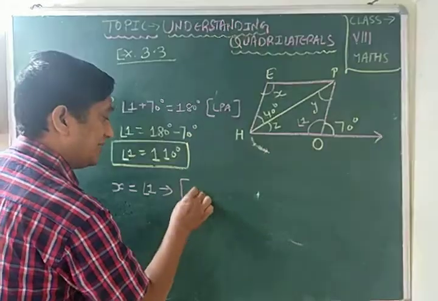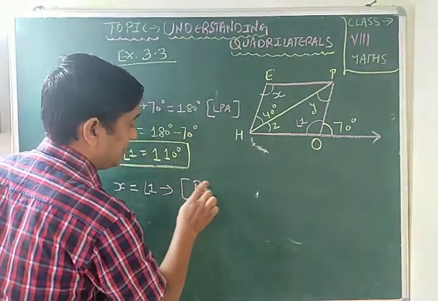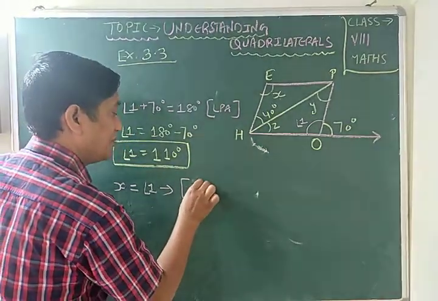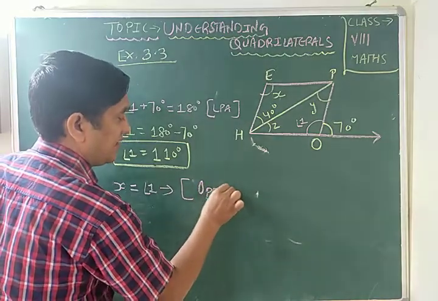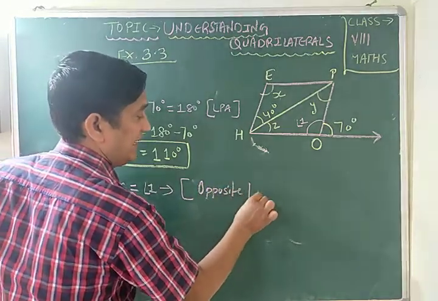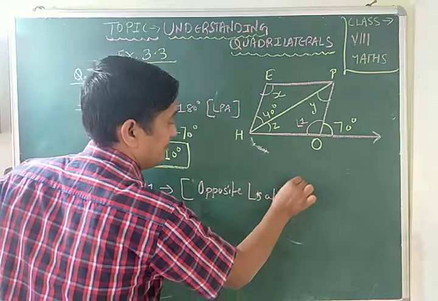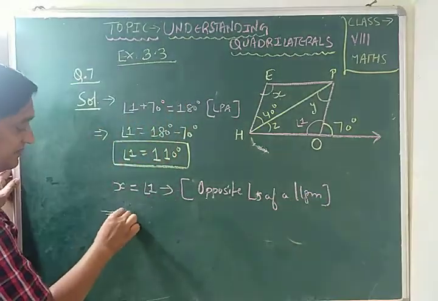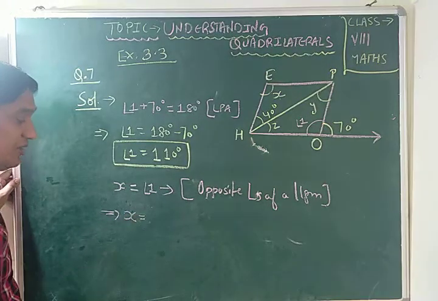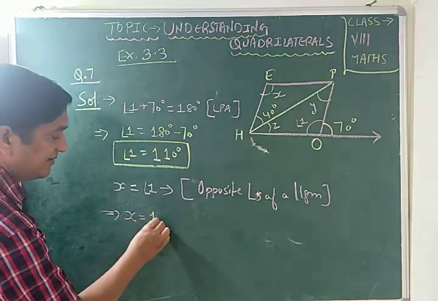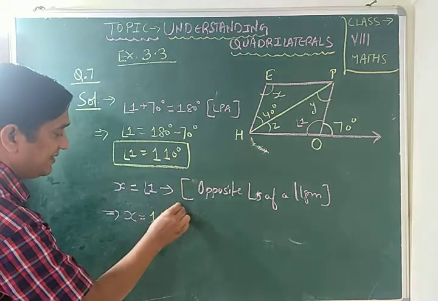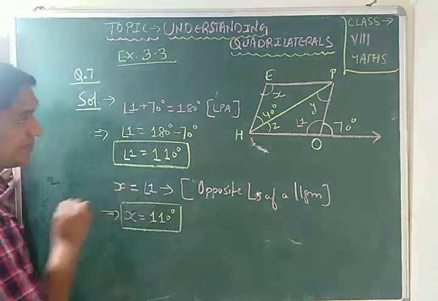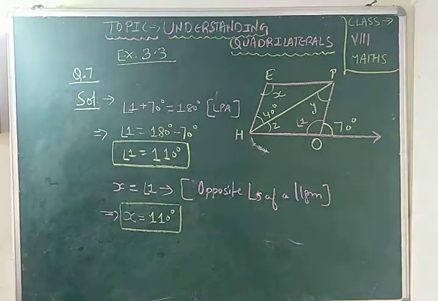So you can write down opposite angles of a parallelogram. So the value of x is 110 degree. The value of x is 110 degree.